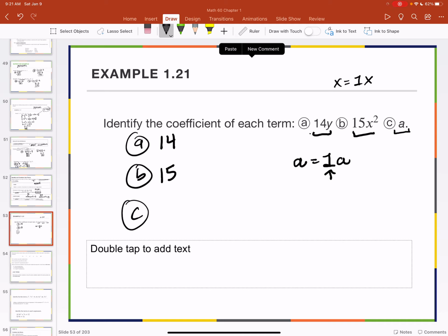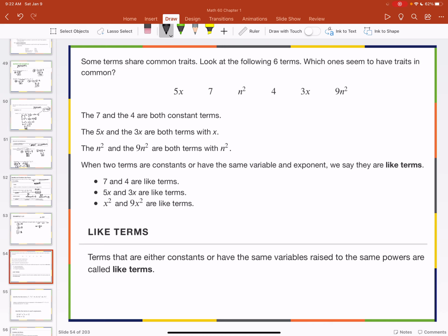We don't write it because mathematicians are lazy. If they can get away with writing less, they will. So that's why we just don't need to write it. So the coefficient for the letter a is just 1, okay? It's invisible, but it's there. Just kind of like, I don't know, like in Spanish, the silent H. You don't say it, but it's there.